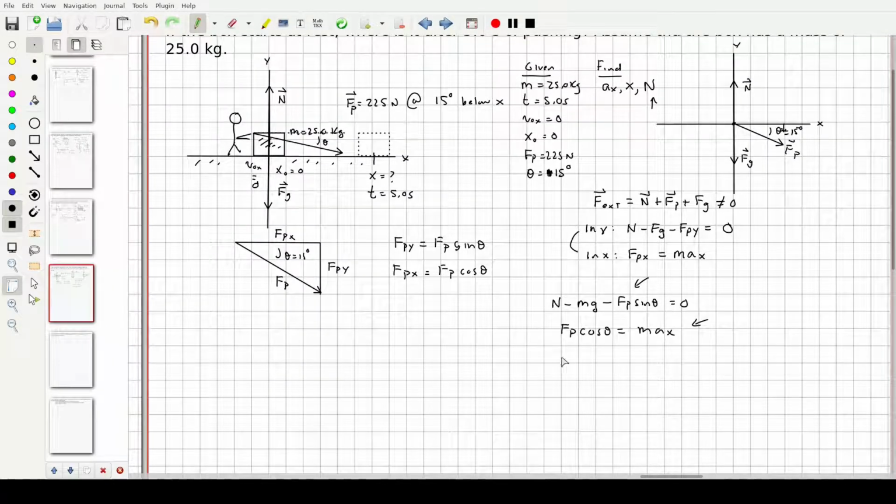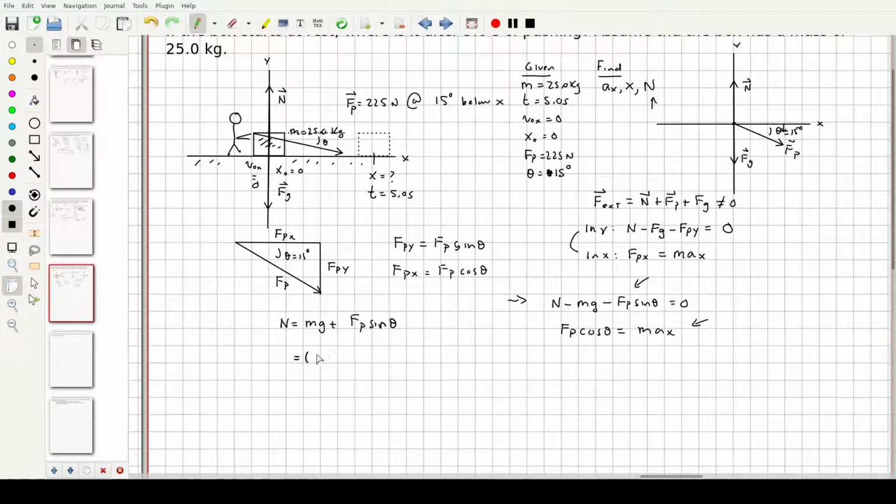Since we have a pretty good idea of what we're looking for, let's just go ahead and get the normal force. So the normal force, using this equation right here, is equal to mg plus F sub p sine of theta.